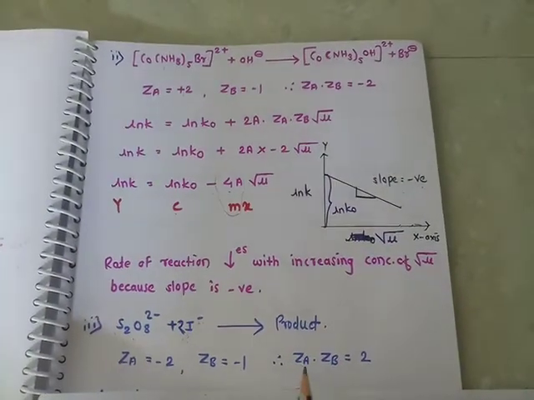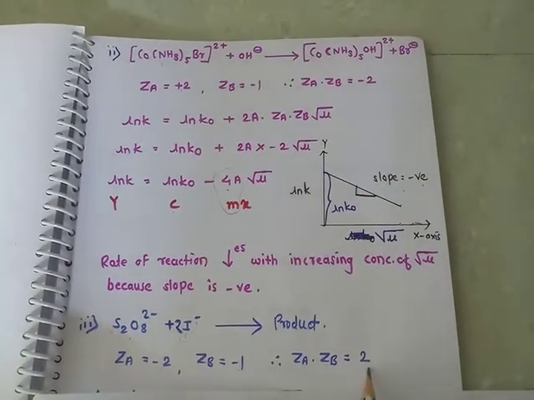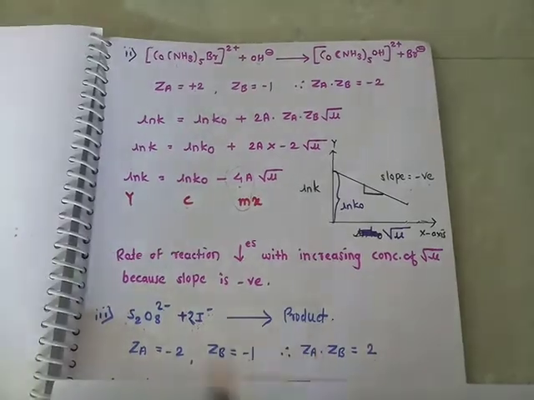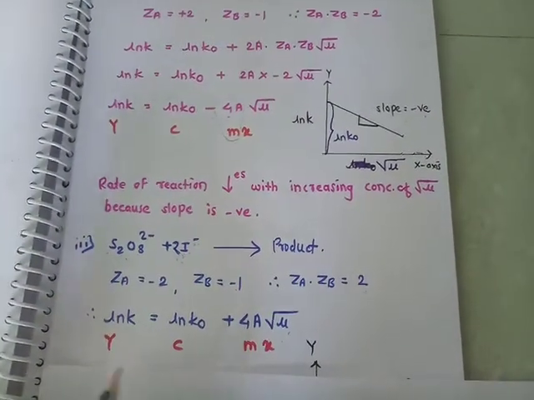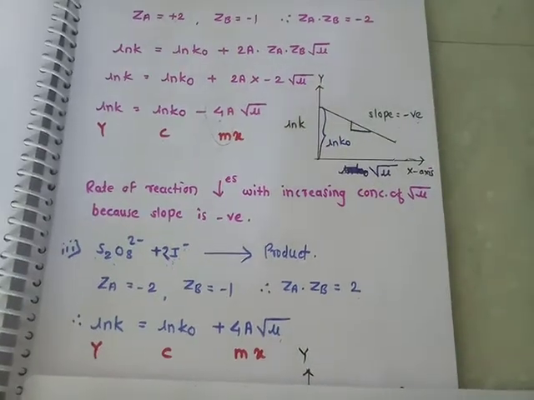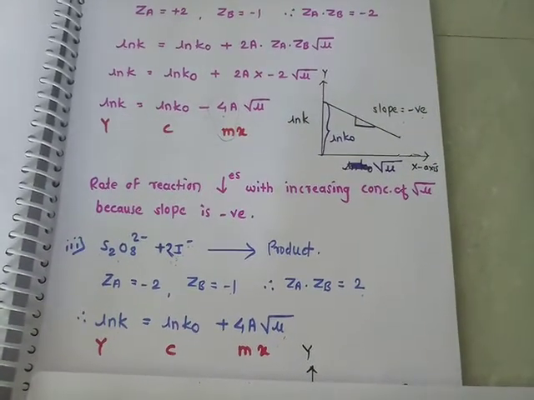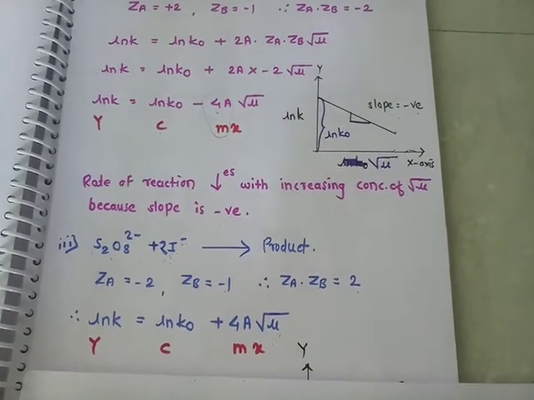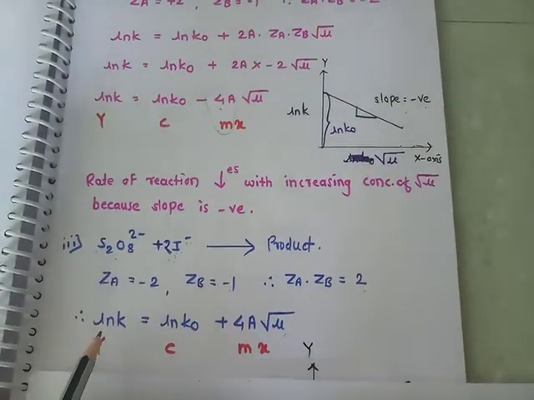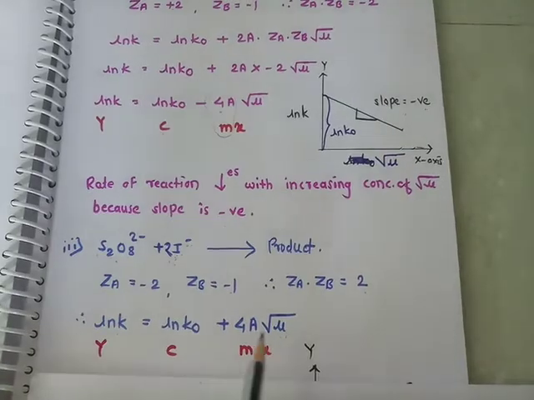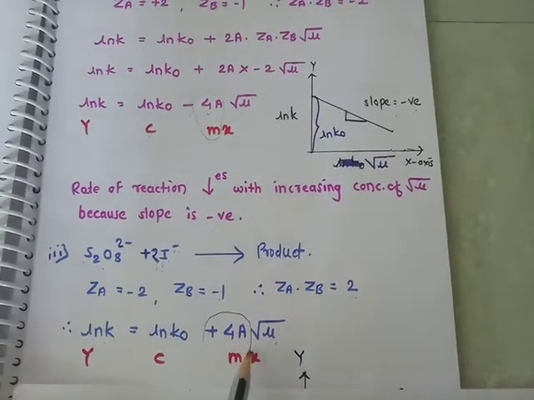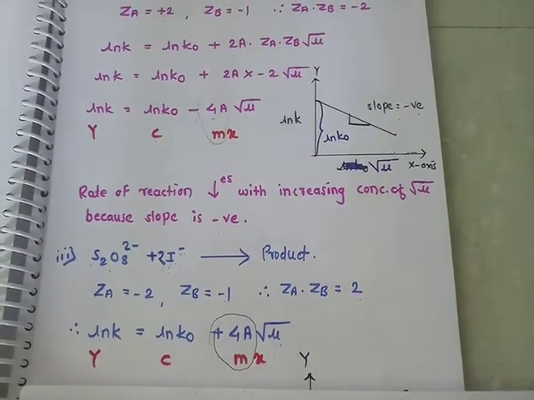So product of ZA and ZB is equal to 2. Put this value in Bronsted-Jerome equation, we get this. This equation also follows the equation of the straight line, y is equal to mx plus c. If we plot the graph log k versus ionic strength, we get a straight line having positive slope +4a.